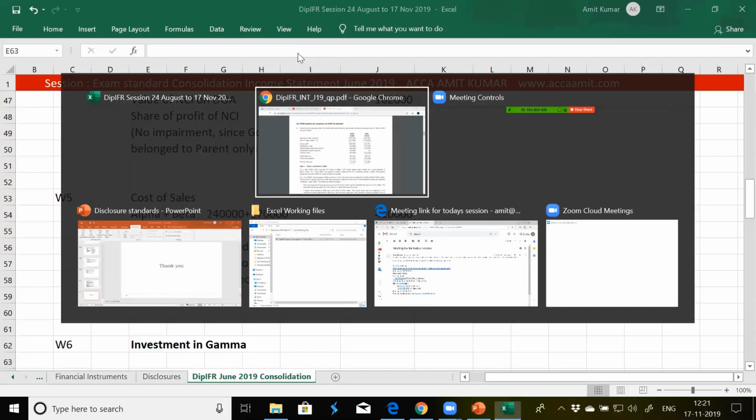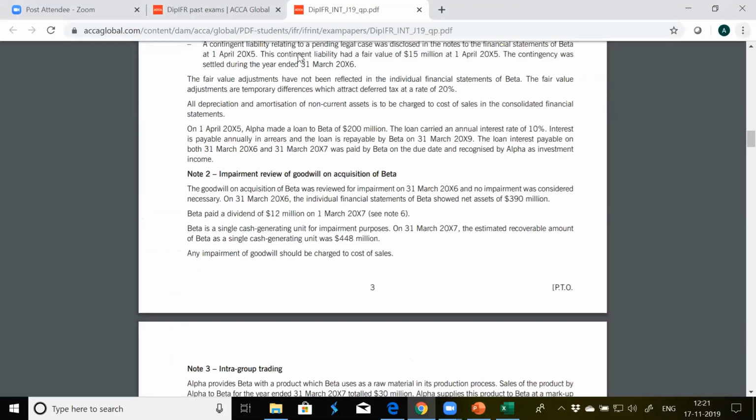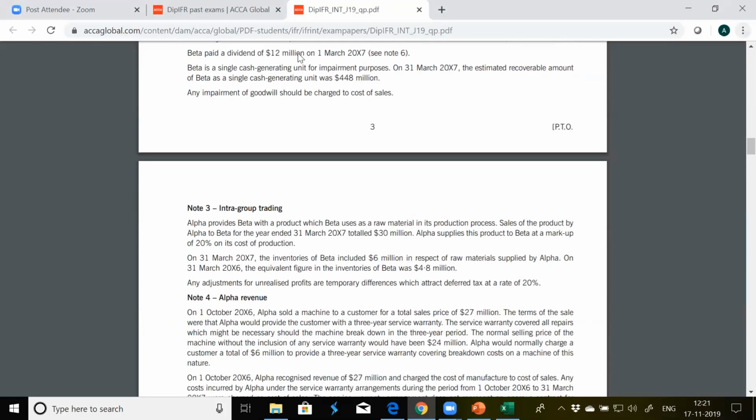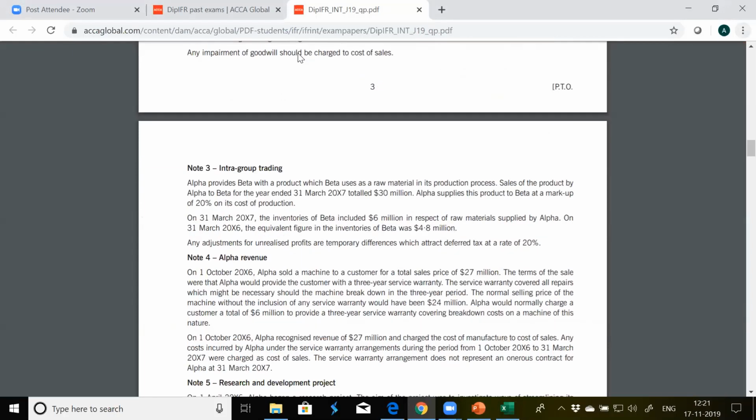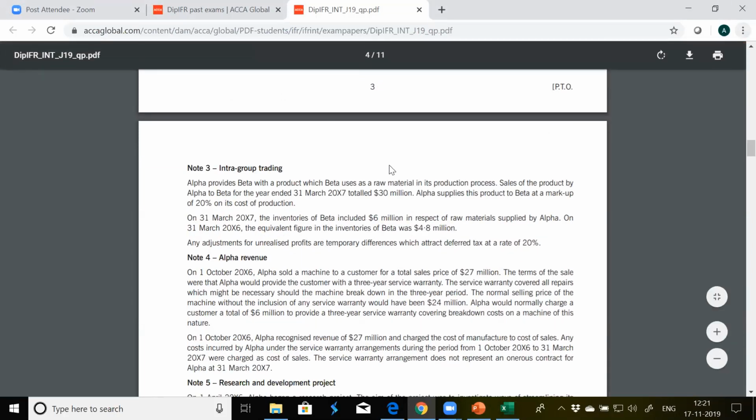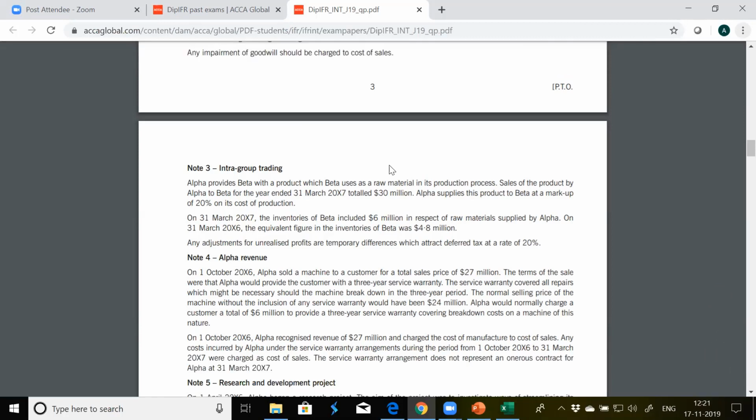Now we are left with only intra-group trading to be dealt with. On 31st March 2007, the inventories of Beta included 6 million in respect of raw materials supplied by Alpha. On 31st March 2006, the equivalent figure in the inventories of Beta was 4.8 million. Can you tell me how much is the unrealized profit? 6 million on 31st March, and it was supplied at a markup of 20% of cost.